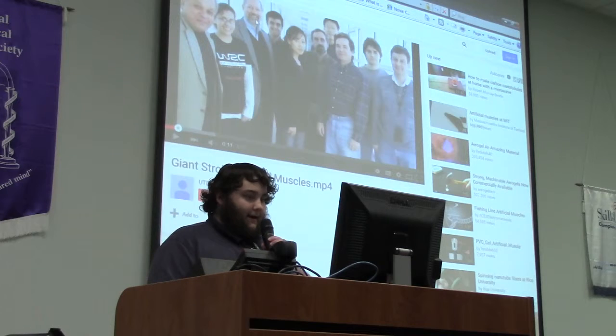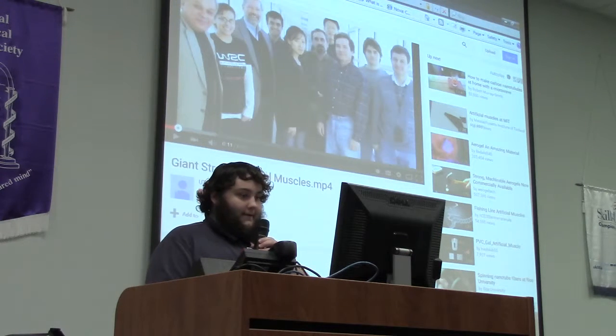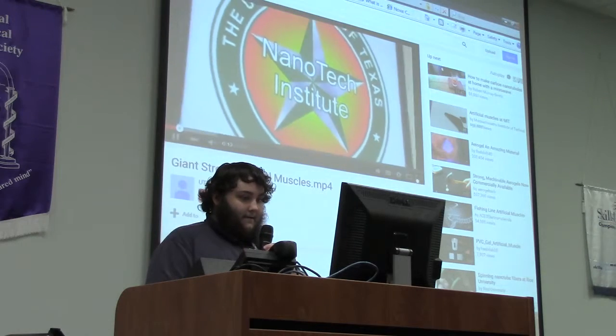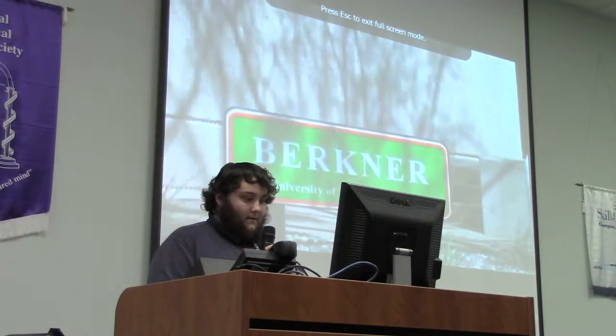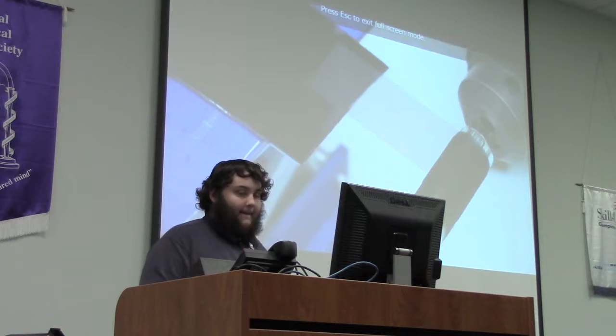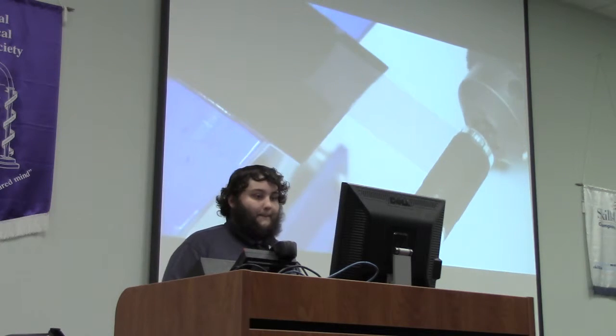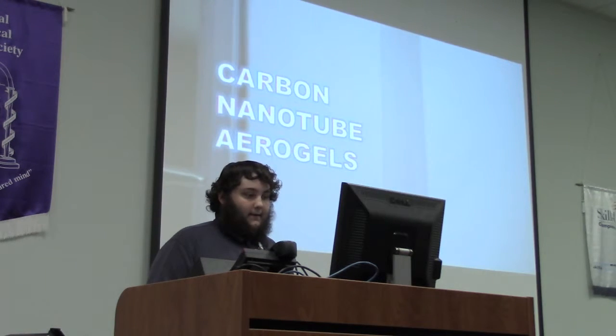And here's some application in muscle. Artificial muscles, if you will, carbon nanotubes. Nanotech Institute at the University of Texas in Dallas have discovered that carbon nanotube sheets, also referred to as carbon nanotube aerogels, have properties unlike any other known materials.